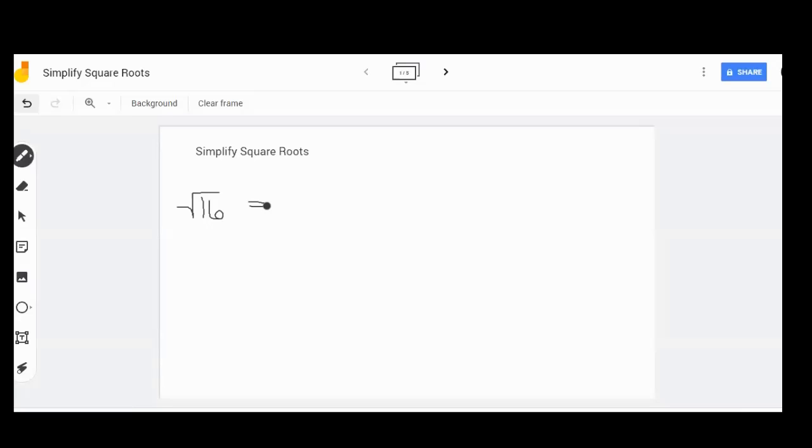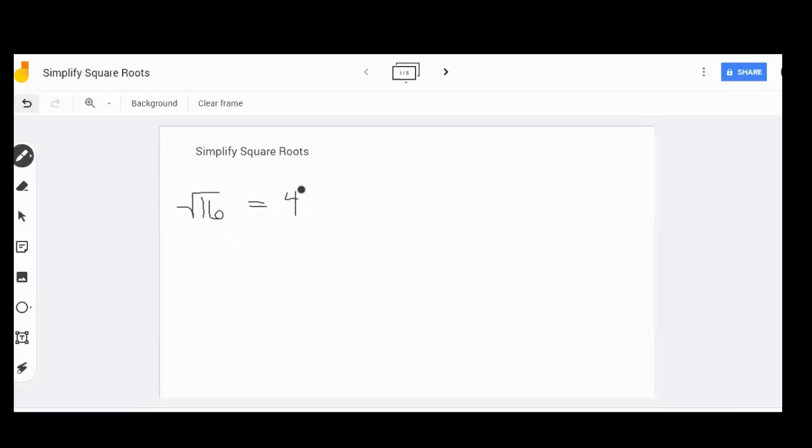We could go through 2 times 2, that's 4. Well, let's move up. 3 times 3, that's 9, that doesn't work. Let's move up. 4 times 4 is 16. So that means the square root of 16 is 4 because 4 times 4 is 16.